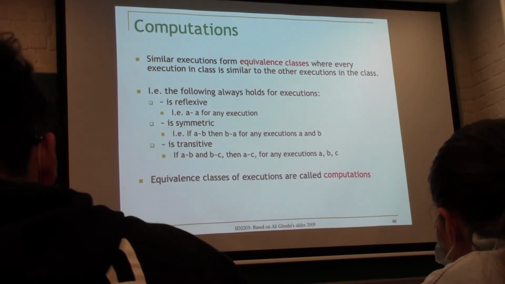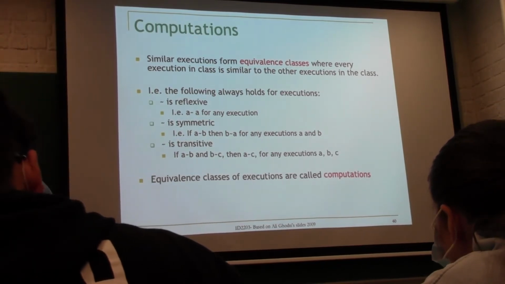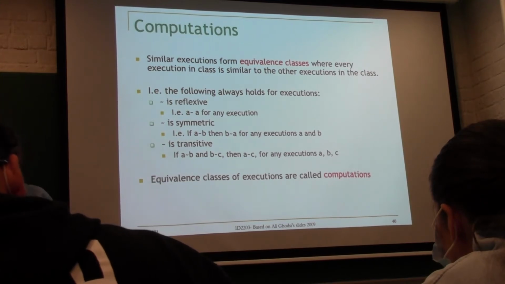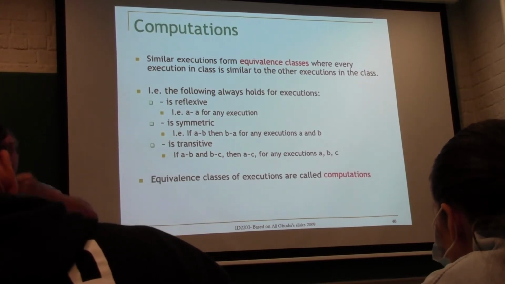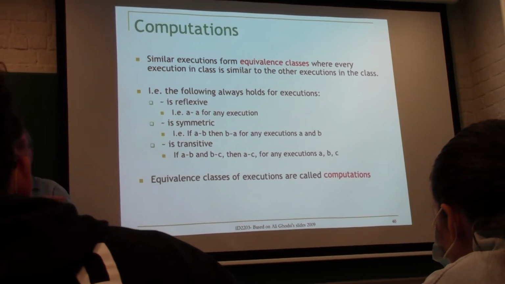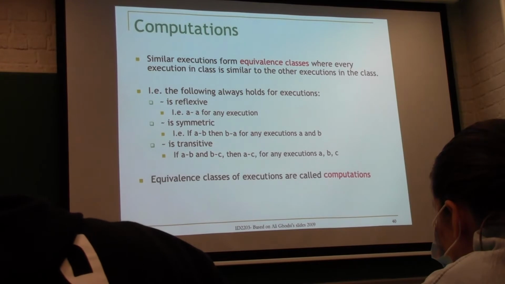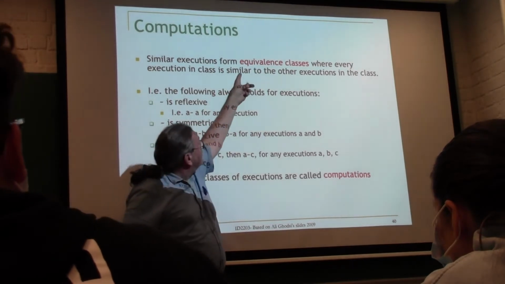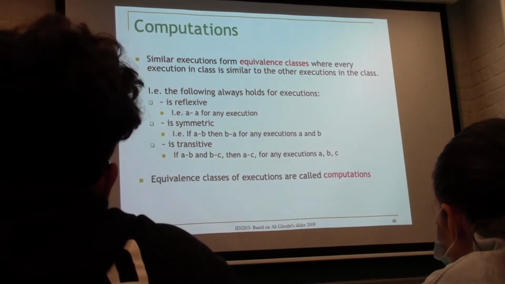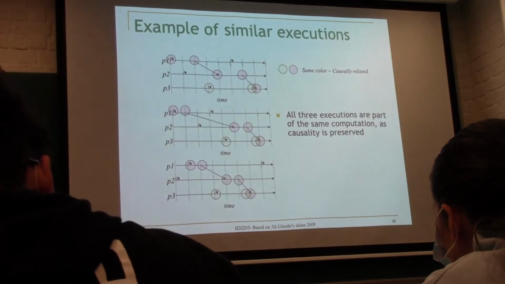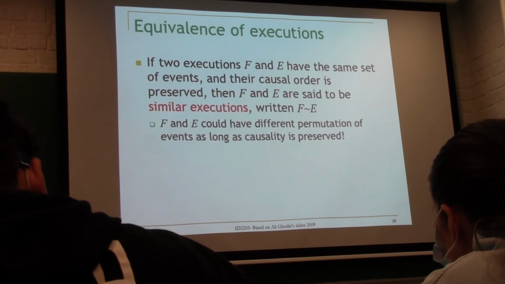And that means if you're on a node, you cannot see the difference. If you can only observe events coming and going, you cannot see the difference between 2 similar executions. So they are equivalent. The equivalence class is called the computation.